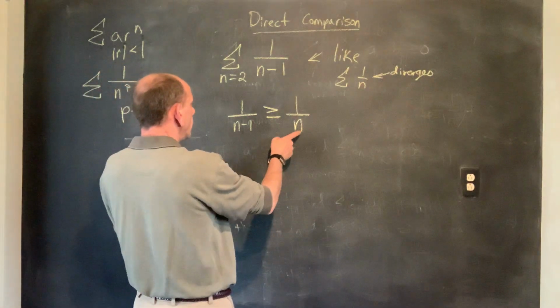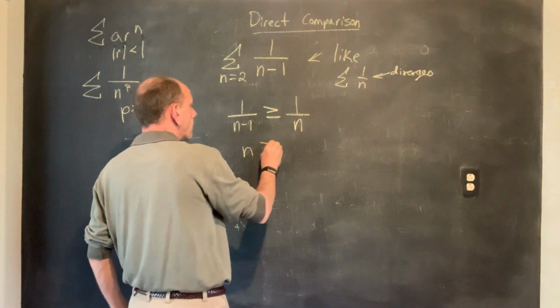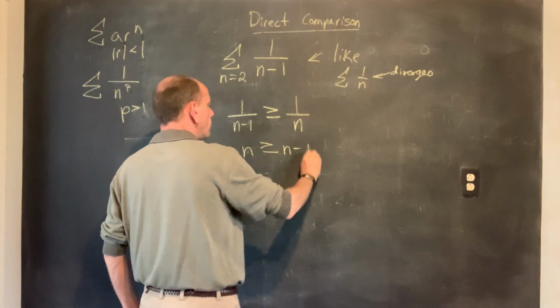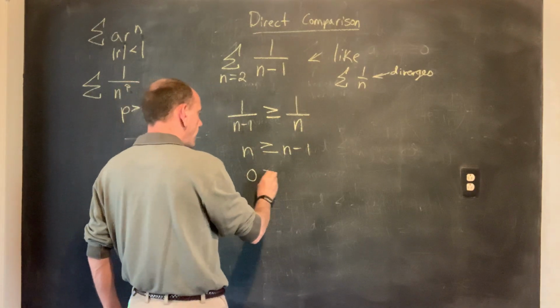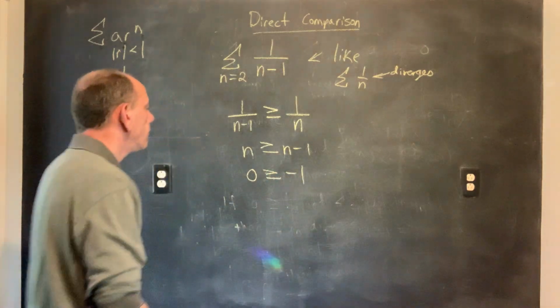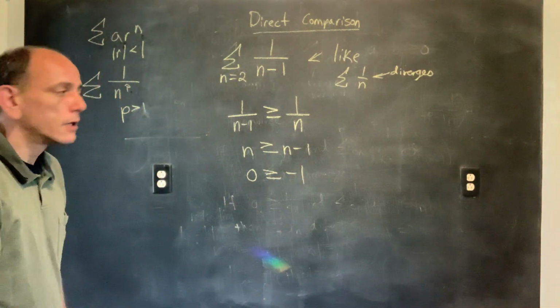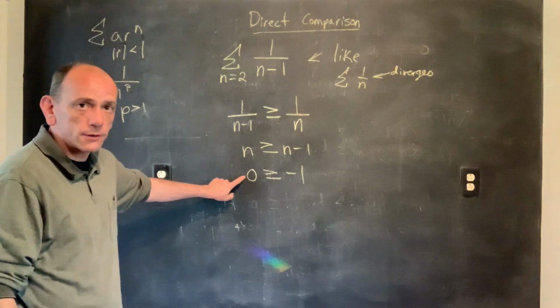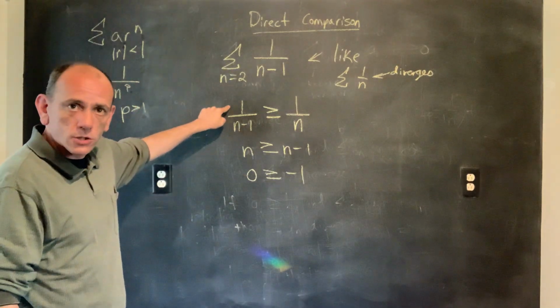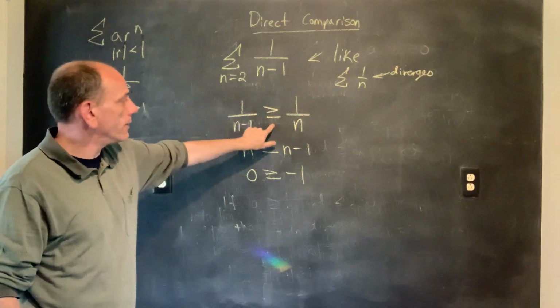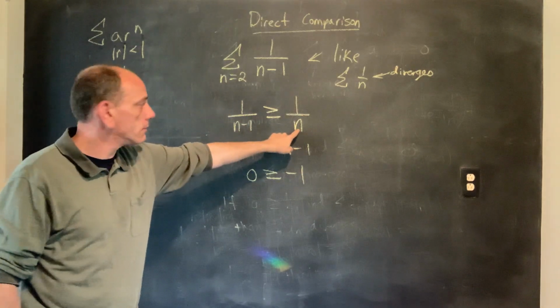So let's see, n greater than or equal to n minus 1, so multiply that over, subtract, 0 is greater than or equal to negative 1. That is the truth. So again, I just start here. This is something we know patently true. Work my way back. This shows that it's term-wise greater than a divergent series.